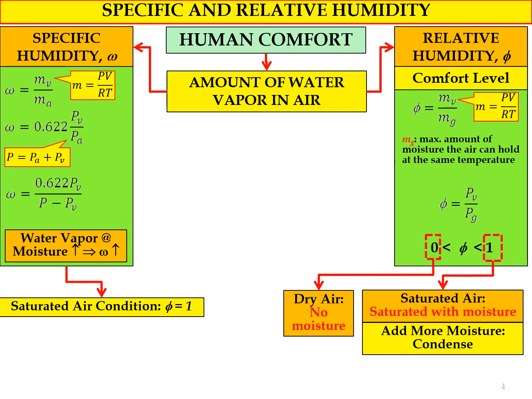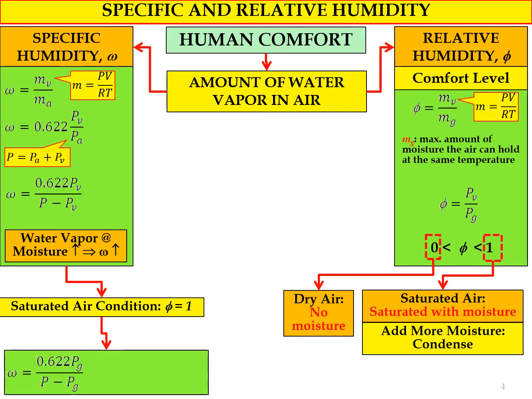Let's say we use the equation of the specific humidity, and this condition is at saturated air, psi equal to 1. From the specific humidity equation, omega equal to 0.622 Pg divided by P minus Pg. As you can see here, the value of Pv will change into Pg, because at the saturated air condition, Pv, which is the pressure of the water vapor in the air, is equal to the saturated pressure.